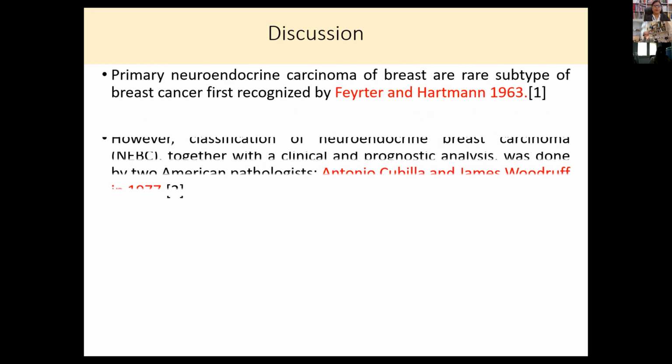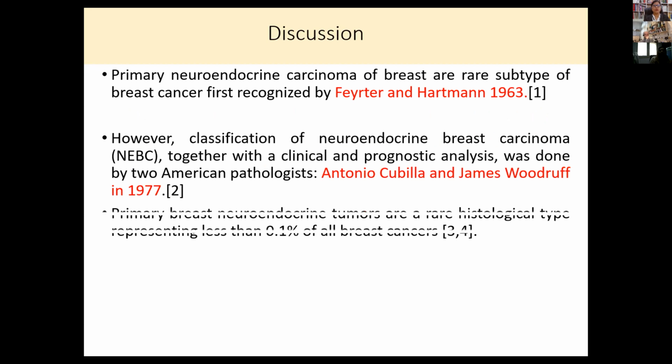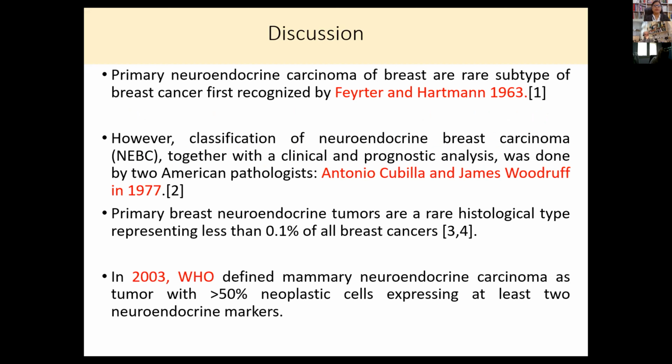Some points related to neuroendocrine carcinomas. Primary neuroendocrine carcinoma of the breast is a rare subtype of breast carcinoma, first recognized by Feyrter and Hartmann in 1963.